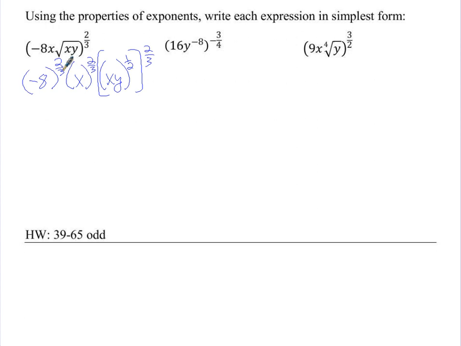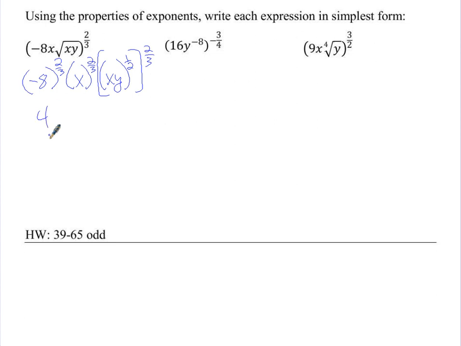I have a choice. I can square first and then take the cube root, or I can cube root first and then square. Cube root first. The cube root of -8 is -2, and then I square and I get +4.